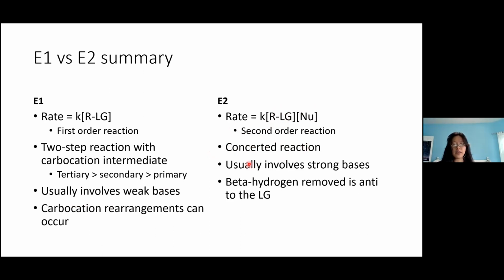Because your base is attacking your alkyl halide, which is not a very strong acid, you usually need a very strong base to go through this reaction. Another thing to keep in mind, because of the mechanism of E2, is that the beta hydrogen that's removed must be anti to the leaving group.